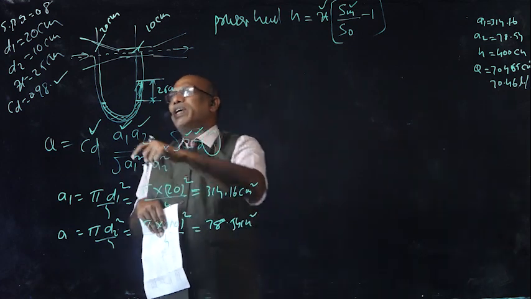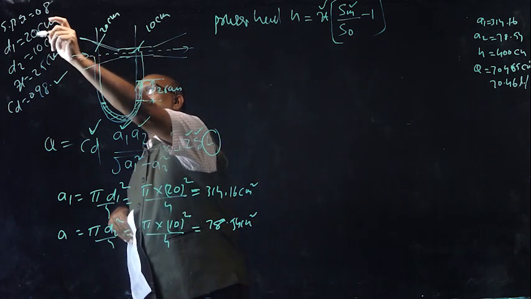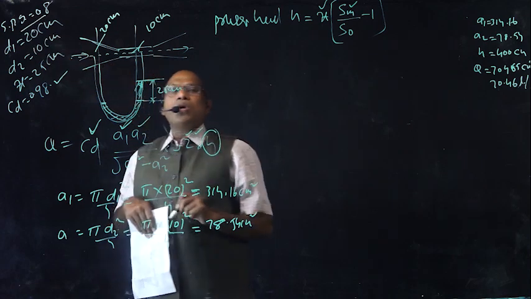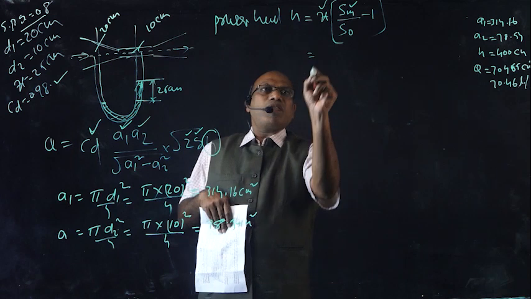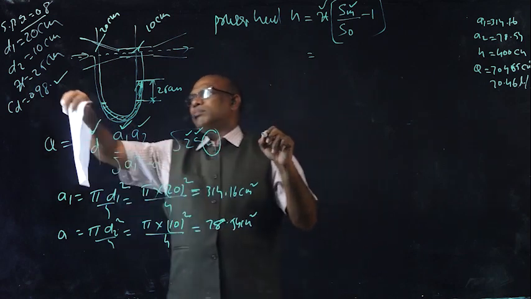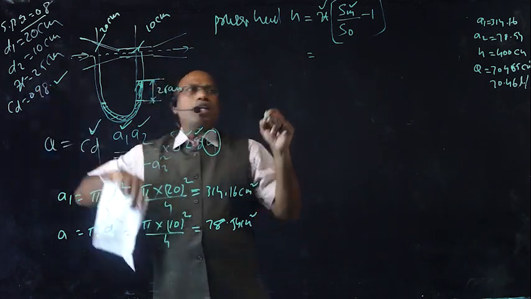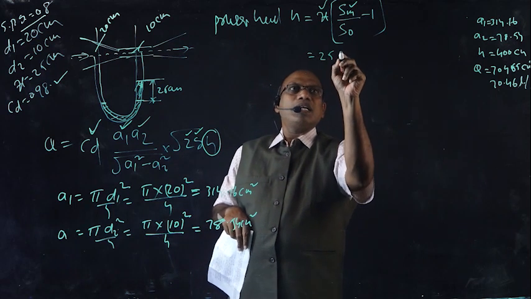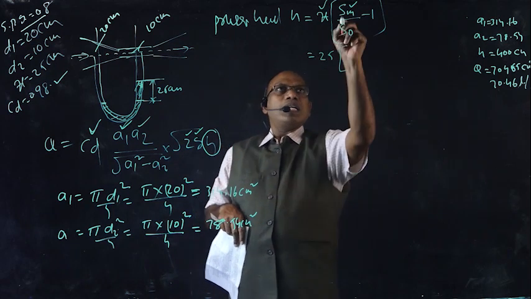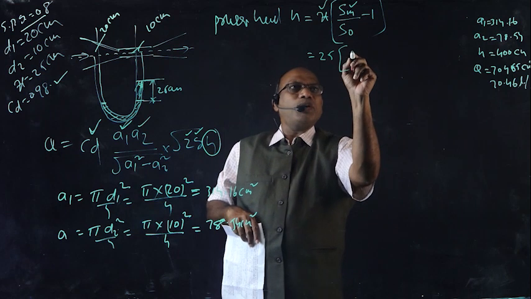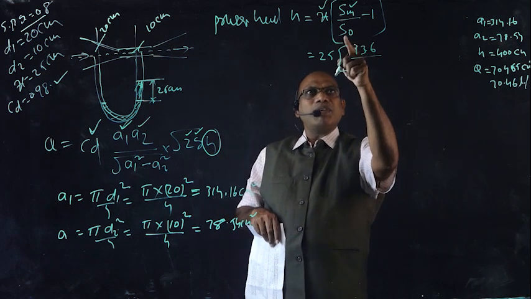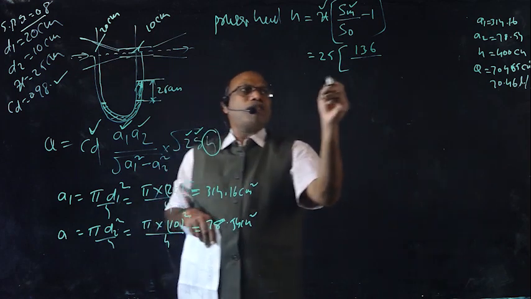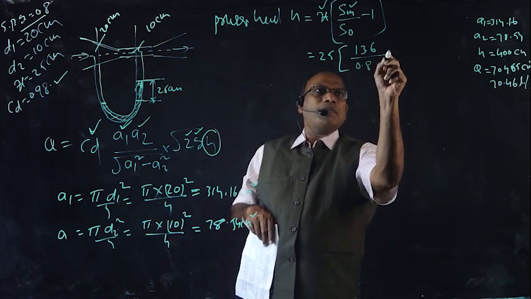Here the flowing liquid is oil, with specific gravity 0.8. So H equals 25 into (13.6 divided by 0.8 minus 1), since the specific gravity of mercury is 13.6.